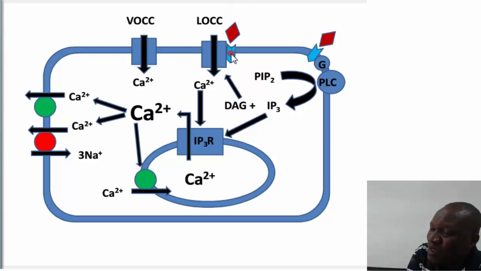When it binds to this, the channel will open to cause influx of calcium ions. So this is one method by which calcium gets in, through the ligand-operated calcium channel. Then calcium can also get in through another method. This is by using second messengers.